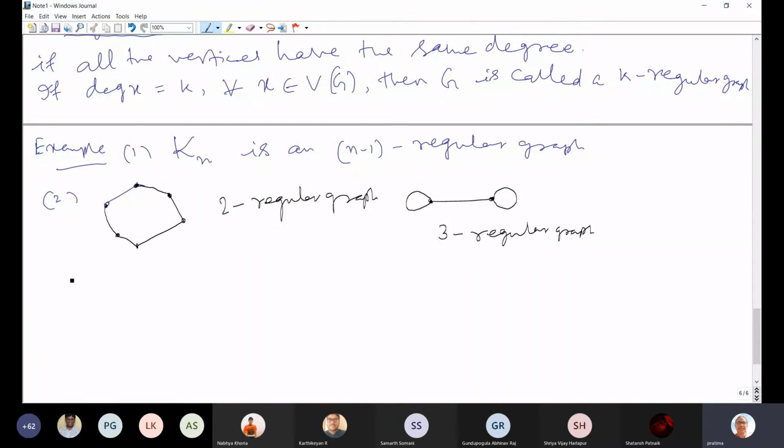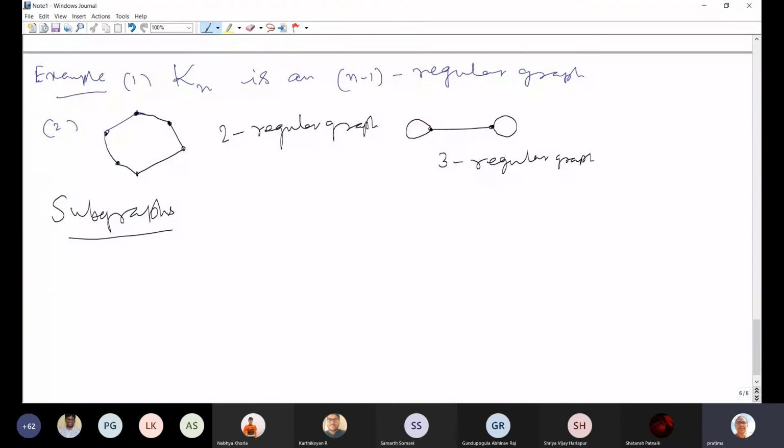So what do you mean by a subgraph of a graph? When do you say that a graph is a subgraph? Let G be a graph.